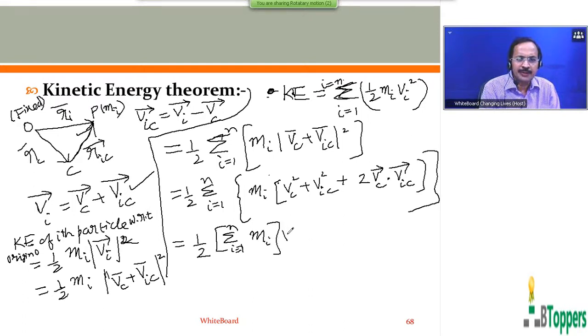Then plus half into sigma I equal to 1 half mi v subscript ic square. This we write again with the half outside the sigma symbol.